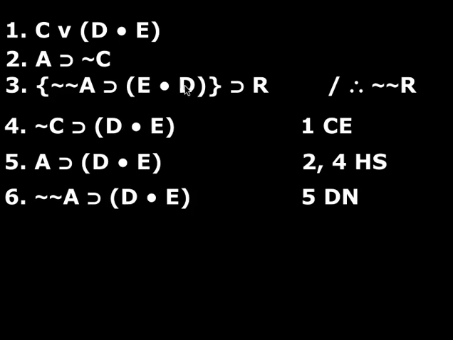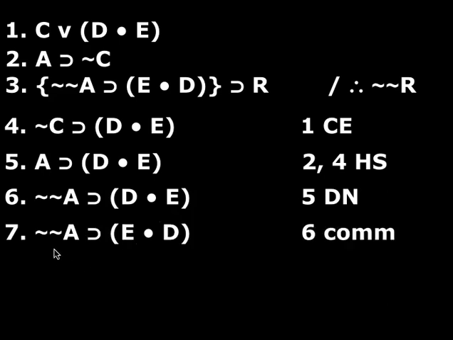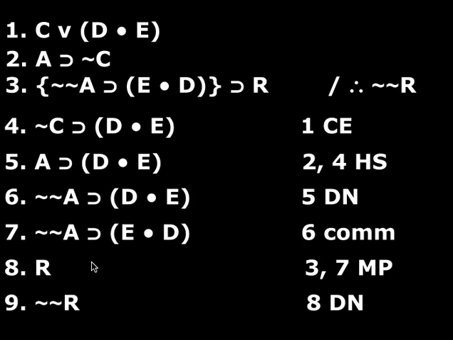It's supposed to be E and D, not D and E. So I'm going to use commutation to change the order of those two. Now I've got this, and it's this antecedent here. So now I can do my modus ponens on lines 3 and 7 to get R. Now I'm not done yet because the conclusion is not R. And you're saying, well, I know, Rick, not R is the same thing as R. Well, you're right, it's the same thing. That's why we have this rule of double negation, which lets us swap them out.